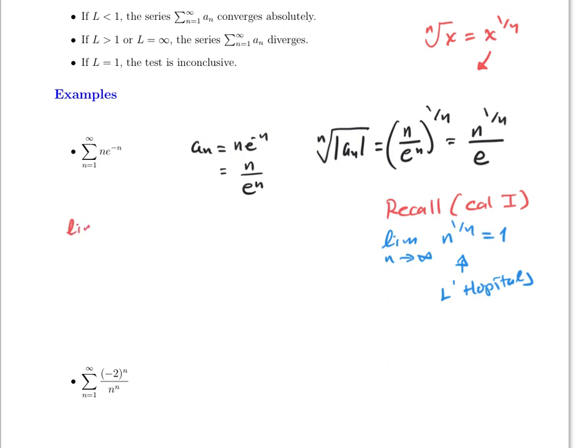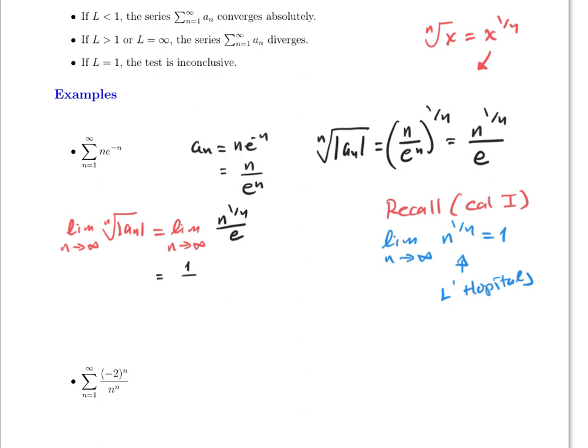So therefore, the limit as n goes to infinity of the nth root of the absolute value of an is equal to the limit as n goes to infinity of n to the 1 over n divided by e. Since e is a constant, you only have to worry about this part, but the limit of this from calculus 1, or you can use L'Hopital's rule again to recheck, is equal to 1.